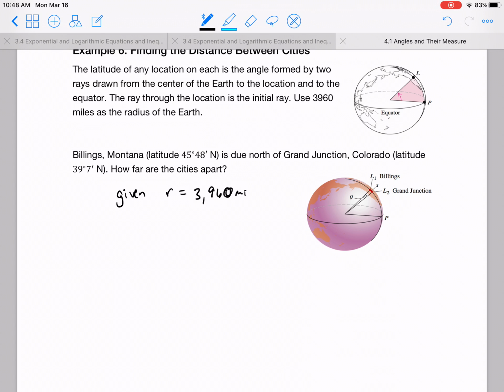We want to first convert both latitudes fully into degrees. So let's convert both latitudes to degrees. Okay? So 45 degrees 48 minutes is going to equal... 48 minutes is what fraction of a full 60?